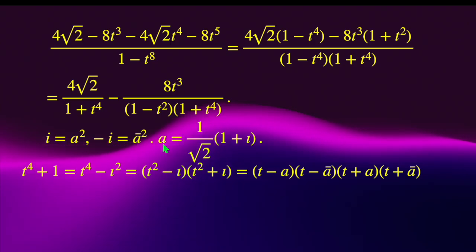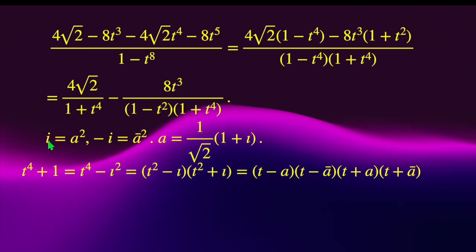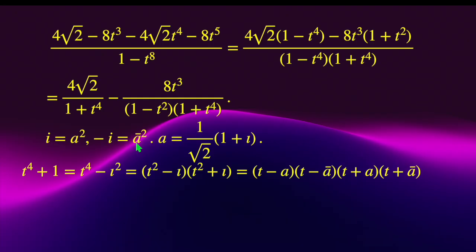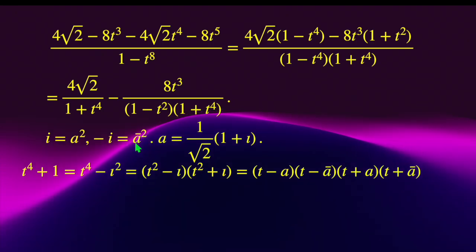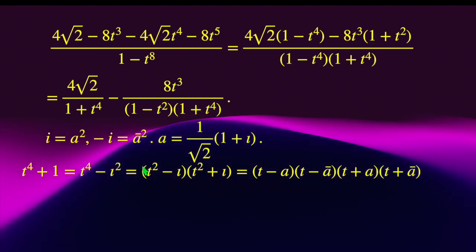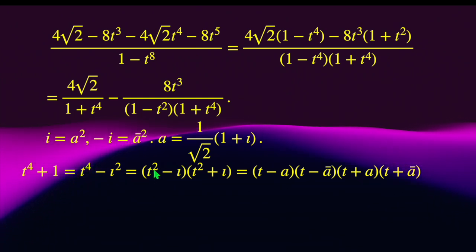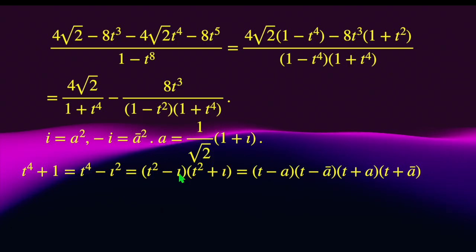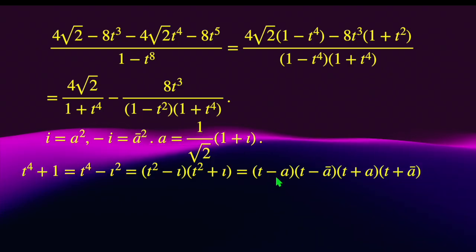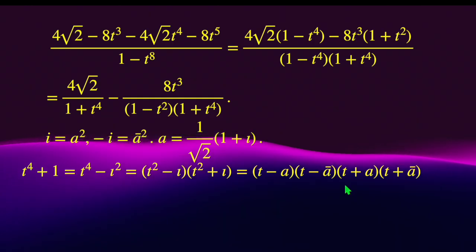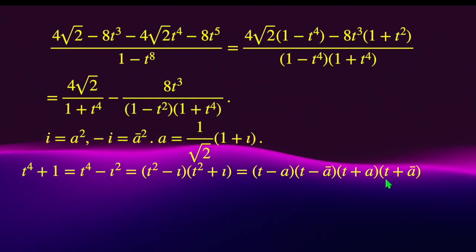If you compute a squared, we get i, and minus i is the conjugate of a squared. Now we have t squared minus a squared, and we use the algebraic factorization, and we get this expression.